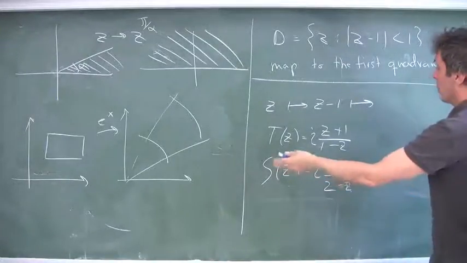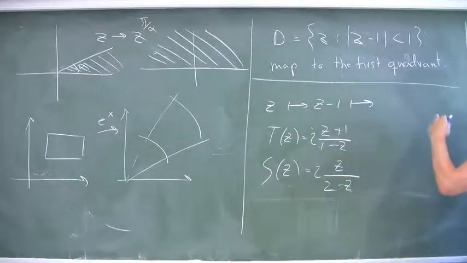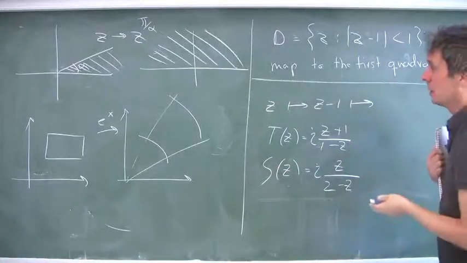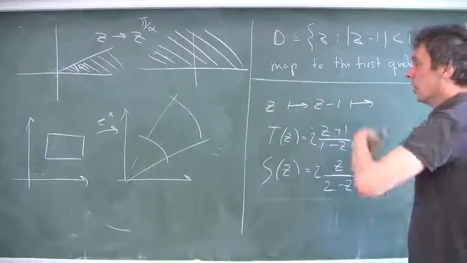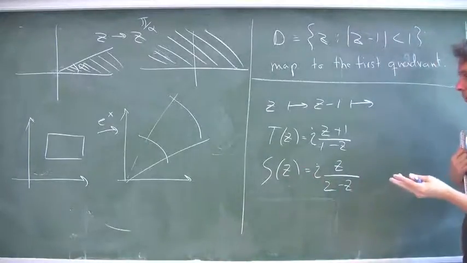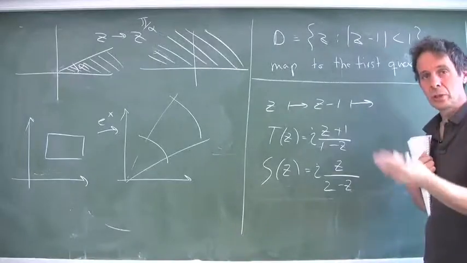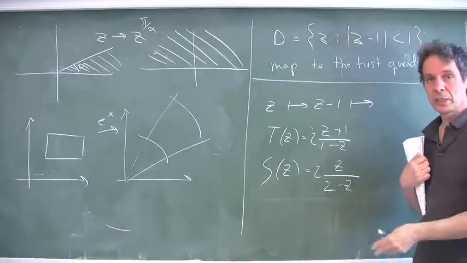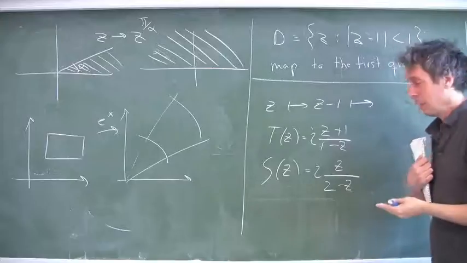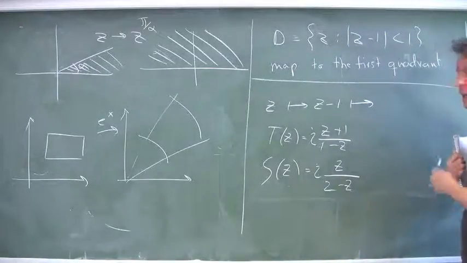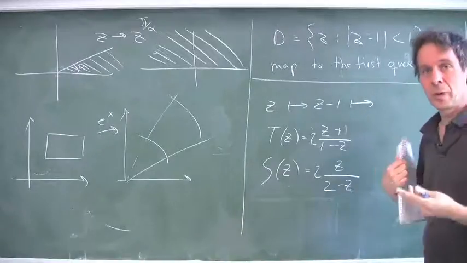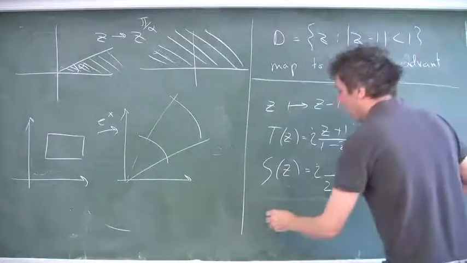But then we have mapped this onto the upper half plane, but we wanted to map it onto the first quadrant. And we know the inverse map of that. We know how to map the first quadrant onto the upper half plane. That was just a square map. So to map in the other direction, you have to take the inverse of the square map, which is the square root map.